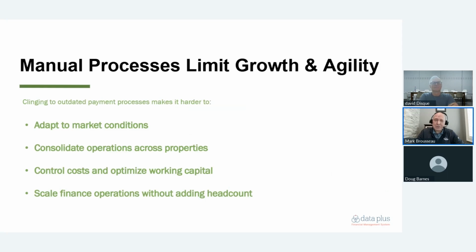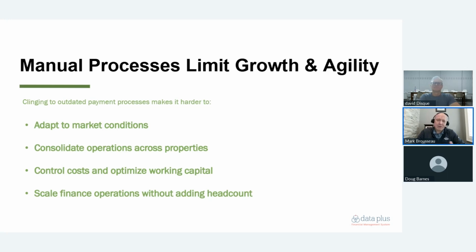And organizations are looking for ways to do more with less. And all these manual processes associated with paper checks and outdated payment processes, well, they hold our hospitality companies back. They limit growth and agility. It makes it hard to be able to adapt to fast changing market conditions. It's hard to consolidate operations across multiple properties when you're dealing with paper and semi-automated processes.